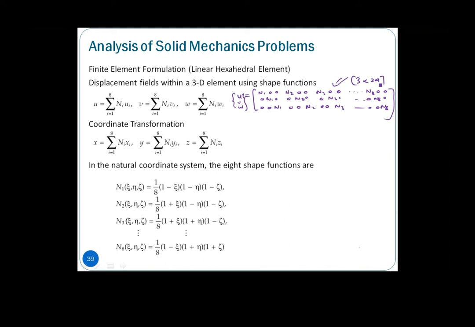Similarly, we have our XYZ also the same under parametrics. In the natural coordinate system, we have also derived this before, last week I showed you. We have a total of 8 nodes and 8 shape functions.